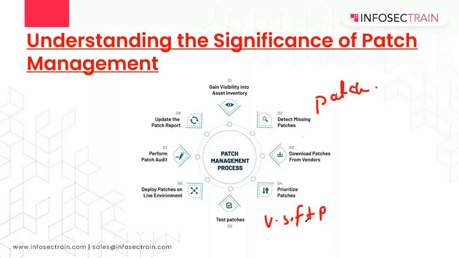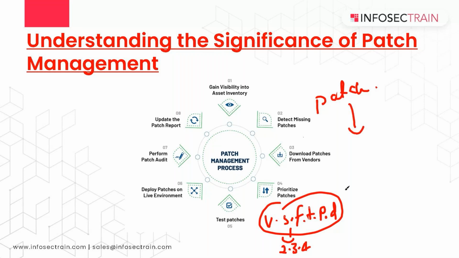This particular service is vulnerable because it is using a very old version, let's say 2.3.4. With that particular patch, we will get the new version for it. Let's say this particular version has a backdoor inside it, and with this patch, that backdoor will be removed.